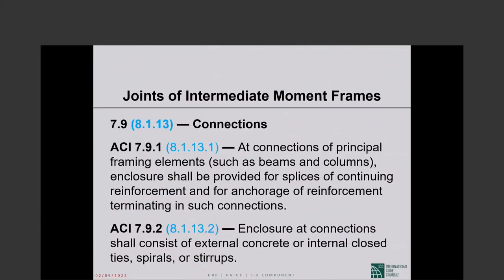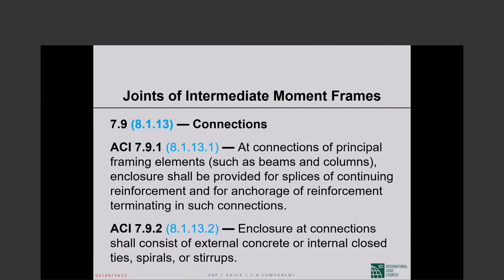The only other thing that is said, and this is not necessarily joint, the language is connection: at connections of principal framing members, which would obviously include joints, enclosure shall be provided for splices of continuing reinforcement and for anchorage of reinforcement terminating in such connections.